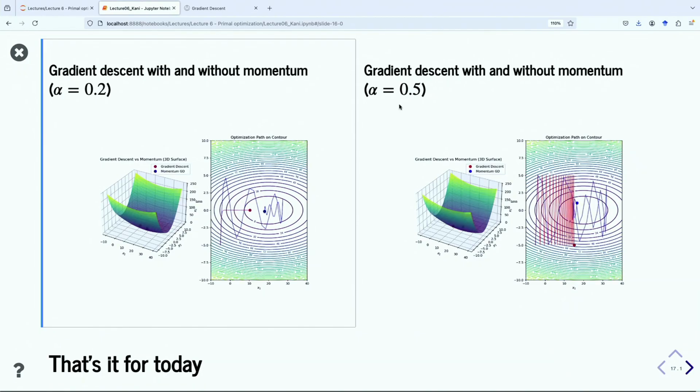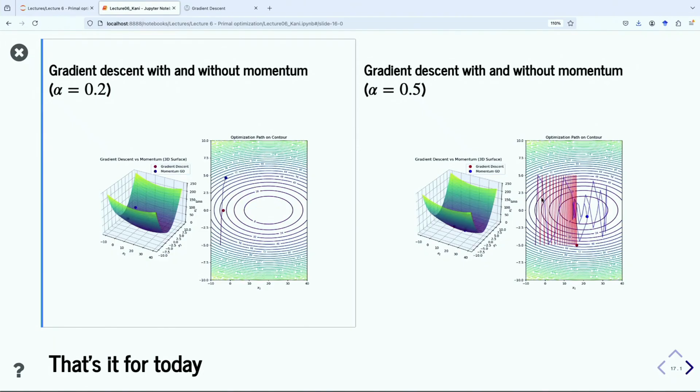I kept that constant. And we could look at how things behave if the learning rate is too high, because remember, one of the issues with plain gradient descent is that the interval of learning rates where it works is small, right? With normal gradient descent, when the learning rate is too high, you get these oscillatory behaviors and you get something that won't converge, or will converge very, very slowly, if at all.